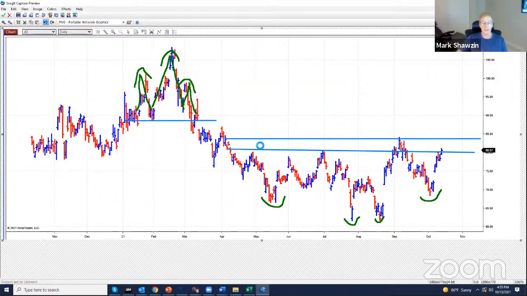This is where I toggle back to the weekly also, to look for which one is ruling. This is starting to shape up like a bottoming pattern with the double bottom here and the inverted head and shoulders. And so I just bought it today.